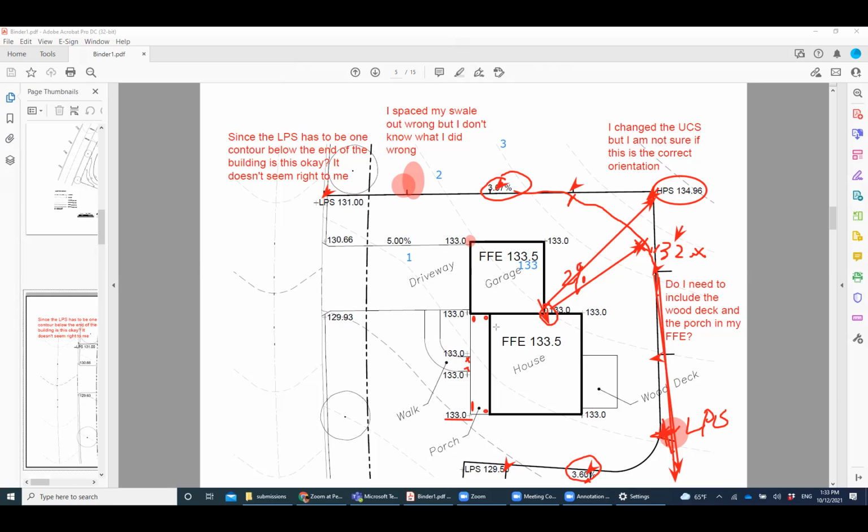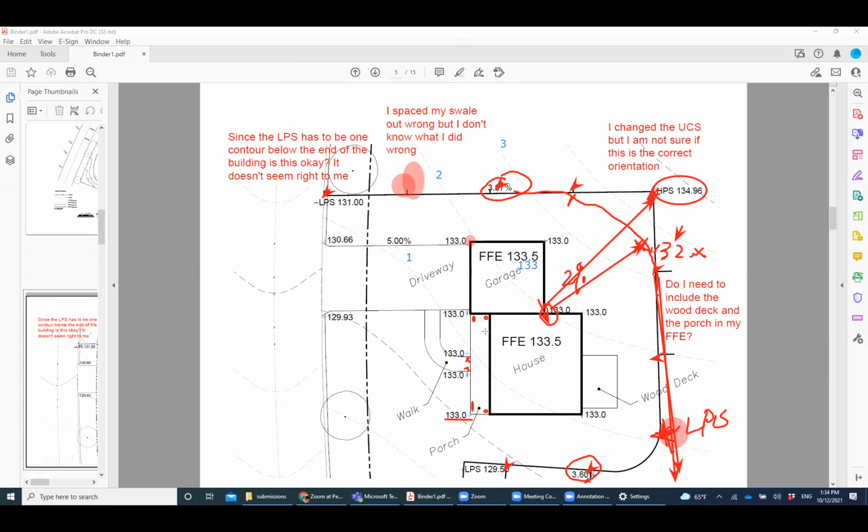Going back to do a little summarization. Wood deck, ignore it. You don't have to specify anything. The porch, two ways of designing it. You could have a porch FFE, which means your porch is covered and flat. Second option, you could design 2% away from the entrance of the house to make the porch drain, which means you need four spot elevations as I marked on this drawing.